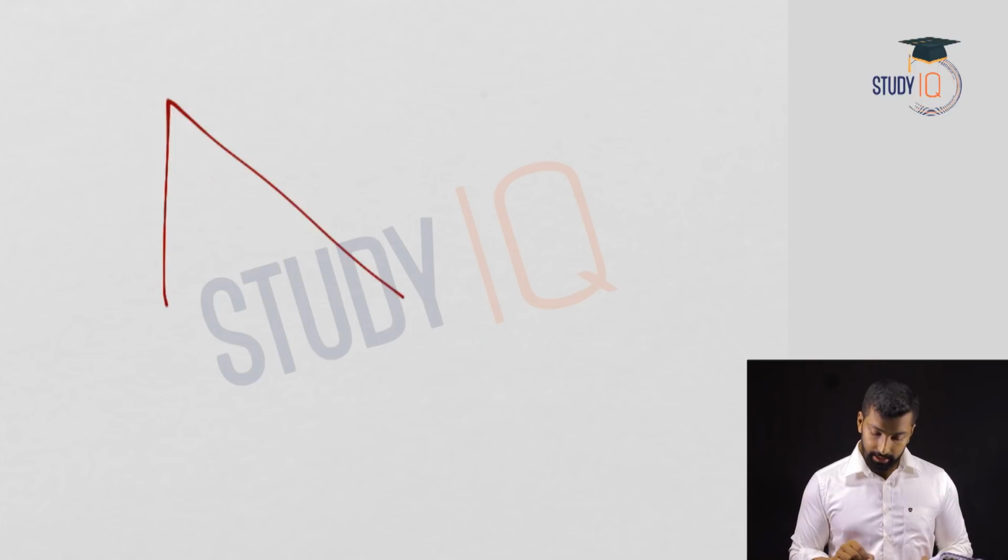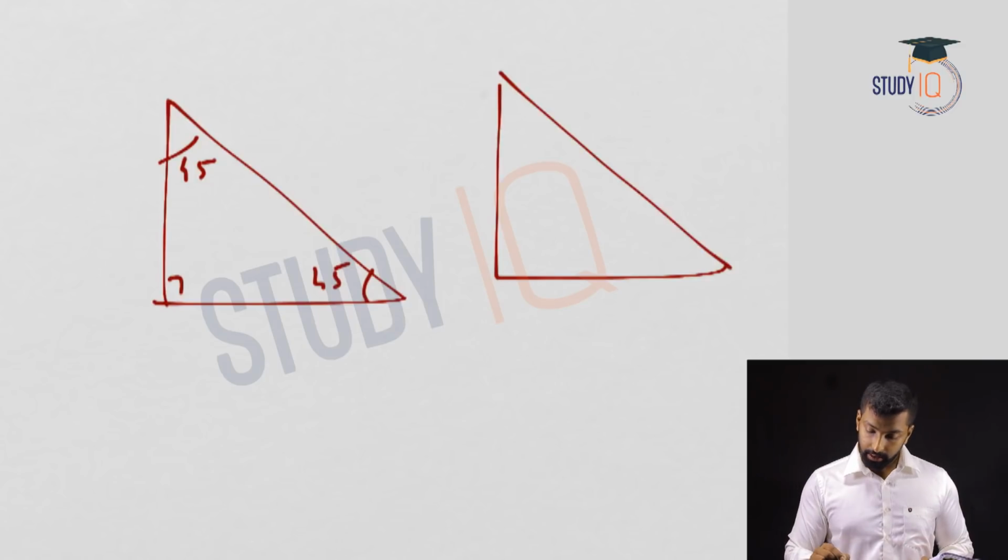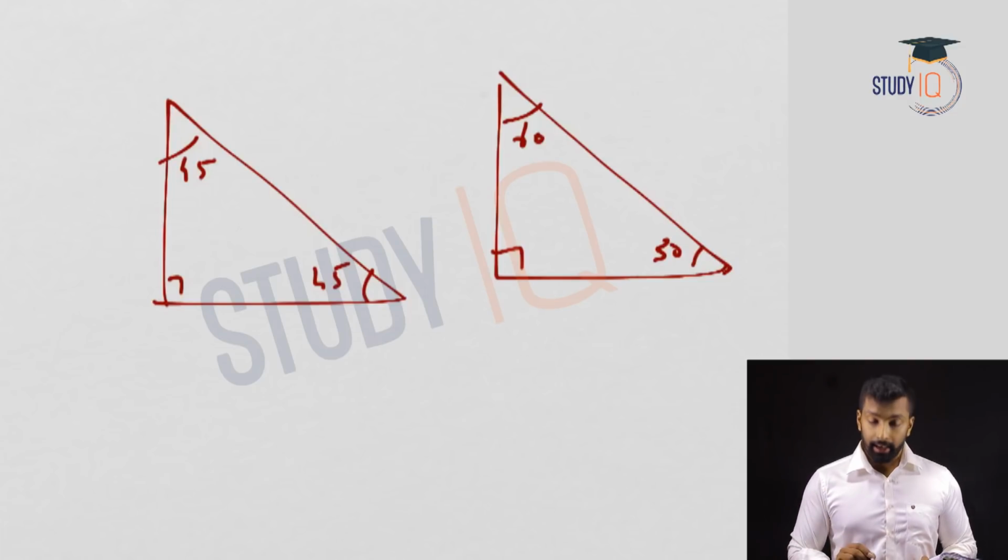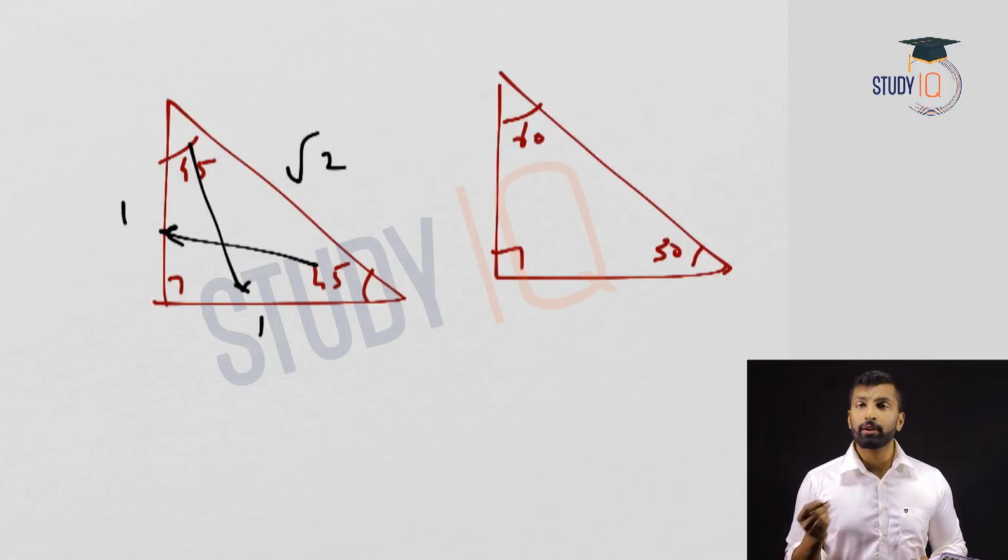Another important ratio that I have discussed in the right angle triangle, with which you can solve questions: I told you there are two possible right angle triangles, right? Like 45, 45, 90 and 30, 60, 90. These are the two possibilities. What is the ratio of the lengths? If this is 1, this will be 1, because opposite sides of 45 are equal, and here it will be root 2, again by using the Pythagoras theorem.